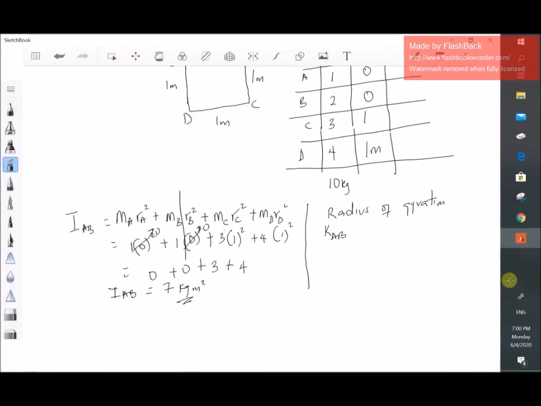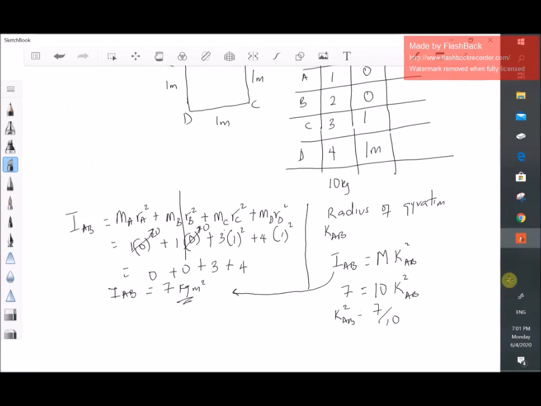Alright, so moment of inertia at AB is equal to the total mass times the radius of gyration squared. Now the moment of inertia at AB is given as 7 kilogram meter squared. So we have 7 equal to the mass, which is 10, times the radius of gyration squared. So we transpose, we have radius of gyration squared equal to 7 over 10, right?